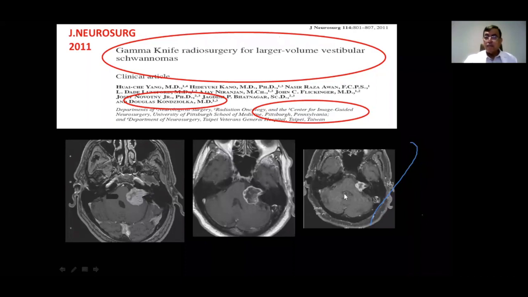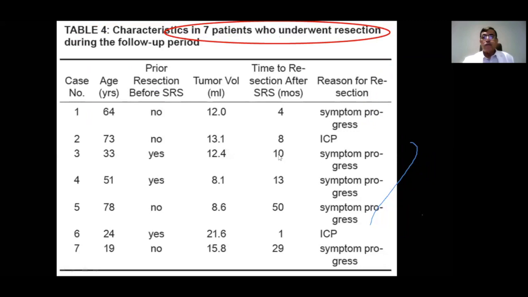And is this the final chapter? No. I don't know whether it comes back again or whether it will turn malignant. So 7 patients in his series needed resection. This is the criteria of these cases. 7 needed resection. And resection after gamma knife is really hellish.